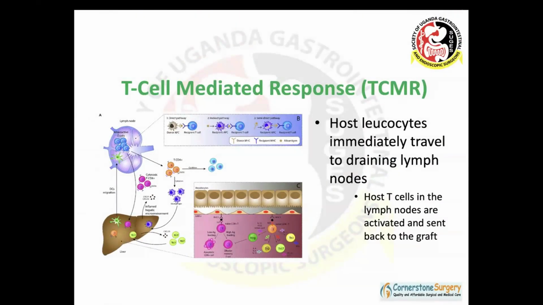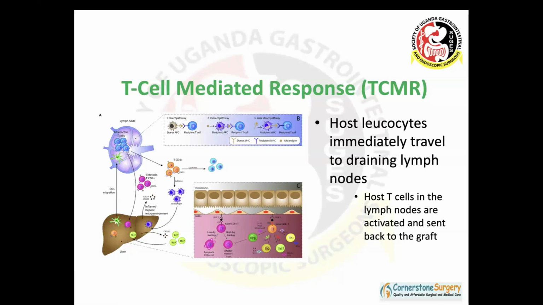Now, when we go to the T-cell mediated response, this is when the antigen-presenting cells leave the graft and go to the draining lymph nodes in the host, and in so doing they activate the T lymphocytes into CD4 plus and CD8 plus.